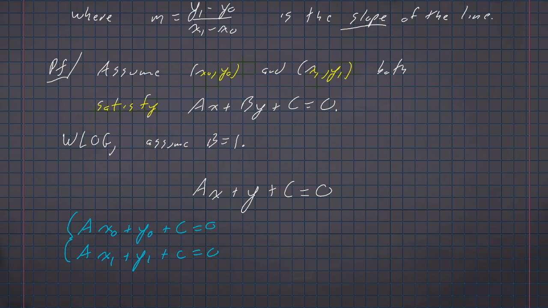I now have a system of 2 equations in 2 unknowns. And as you have certainly seen in an algebra course at some point in the past, when you have a system of 2 equations with 2 unknowns, you will be able to find the solution to that system.